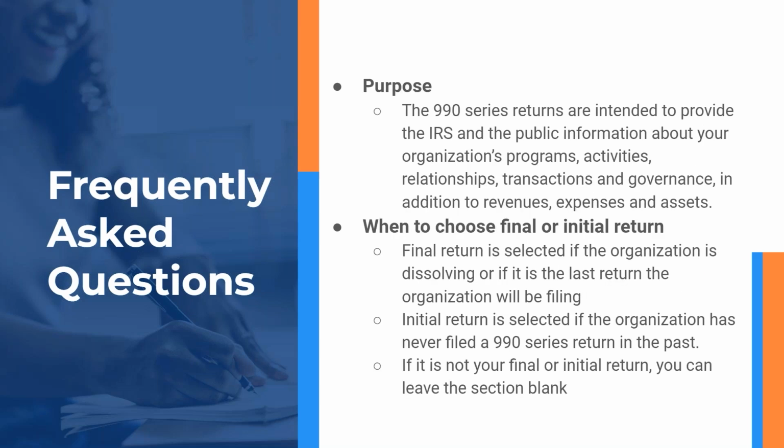The 990 series returns are intended to provide the IRS and the public information about your organization's programs, activities, relationships, transactions, and governance, in addition to revenue, expenses, and assets. So essentially, it gives the IRS and the public a general idea of what your organization is doing year over year.